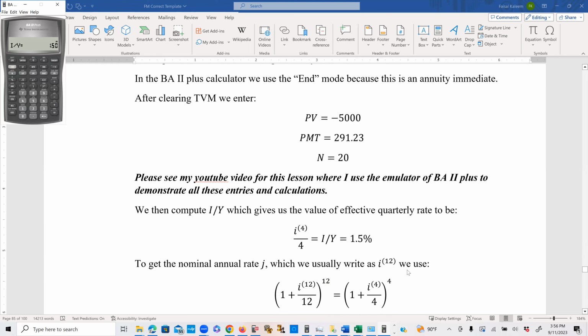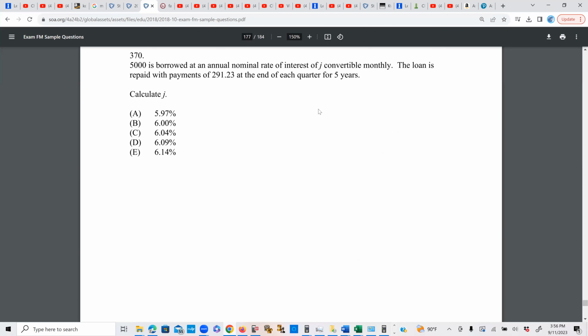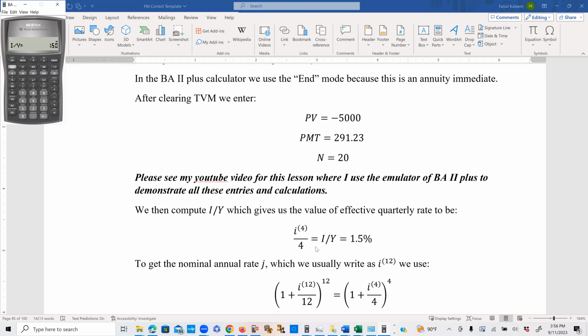We have to find the nominal annual rate J, because normally we call J as i(4), but in this particular problem, they are forcing us to call J the nominal rate convertible monthly. So basically J is what we normally call i(12), because that's the nominal rate convertible monthly.